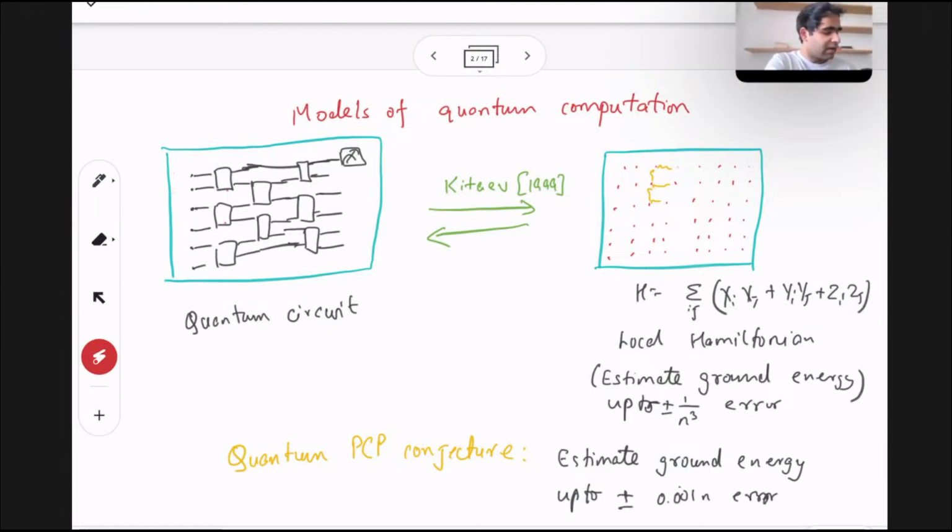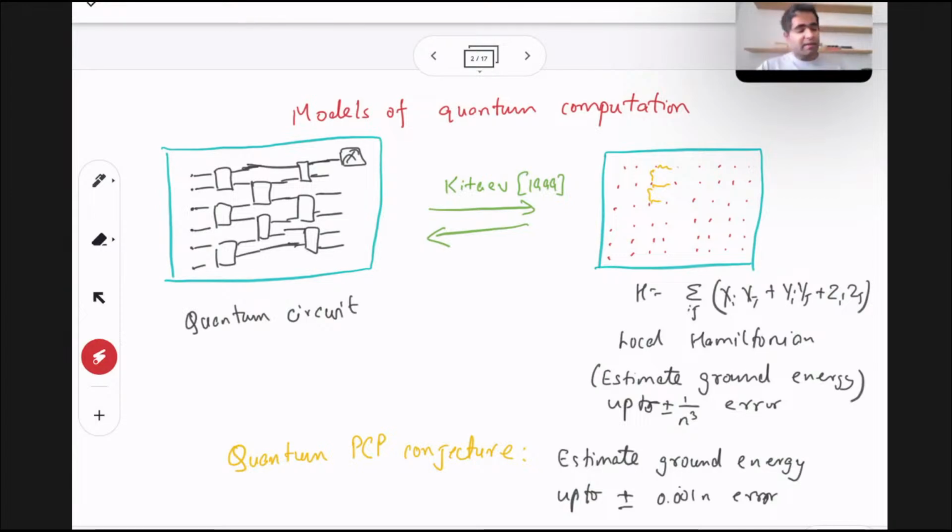And then a whole collection of gates act on it step by step, layer by layer. At the end of the computation, we measure a certain fixed qubit, and the outcome of the measurement is the answer to the computation. And we hope that this computation correctly solves a problem, for example, factoring.